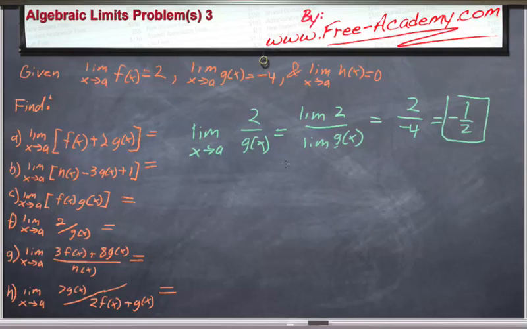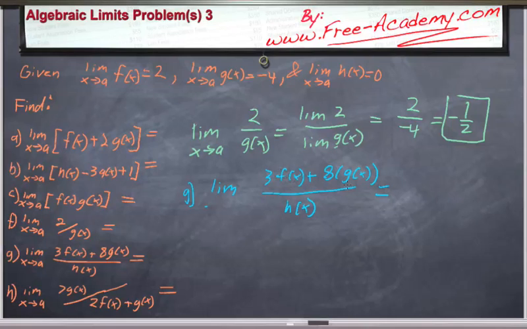Now we can go on and do problem G. The limit as x approaches a of 3 times f of x plus 8 times g of x, divided by h of x. Well, we'll distribute out the limits to everything here.